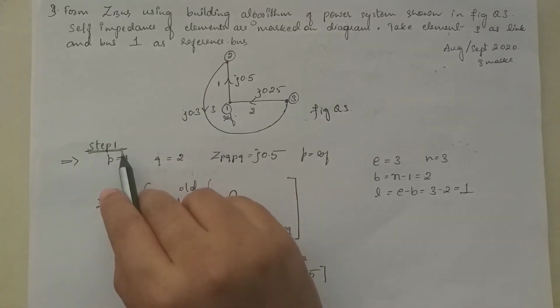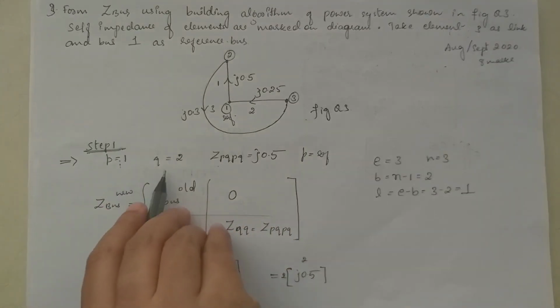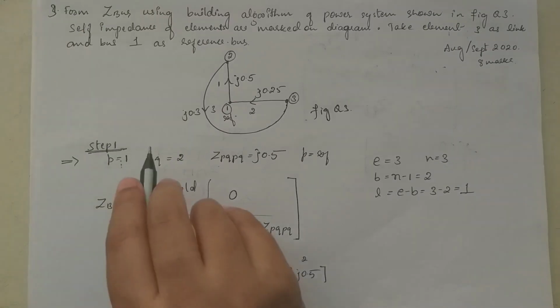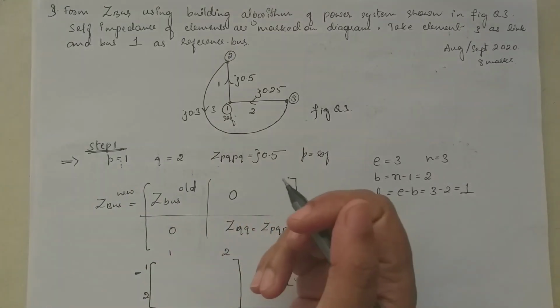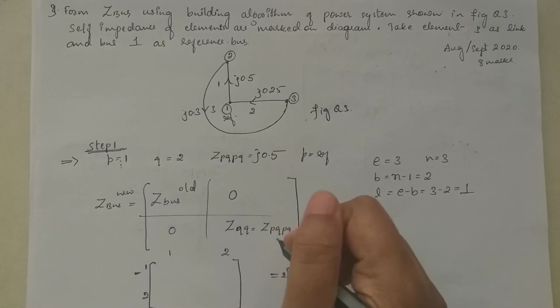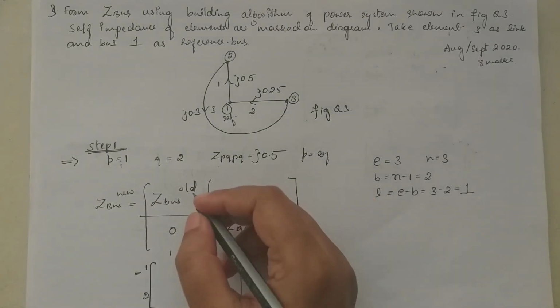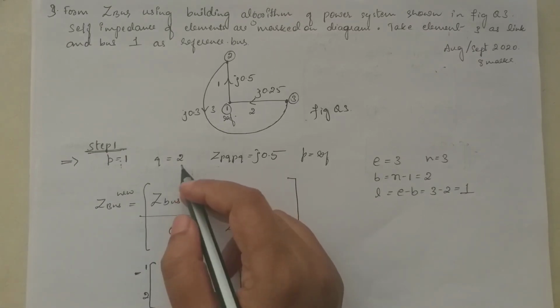Okay, so step 1, first take P is equal to 1 and Q is equal to 2. We have to check whether P is equal to reference or not. Yes, it is a reference. If it is a reference, then we have the formula ZBus new is equal to ZBus old 0, 0 ZQQ, where ZQQ is equal to ZPQ,PQ. There is no ZBus old matrix because this is the first step.